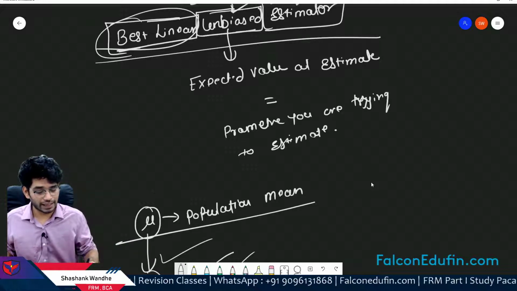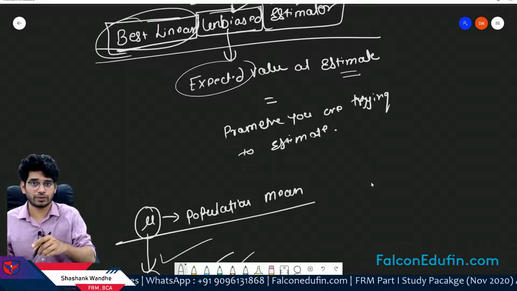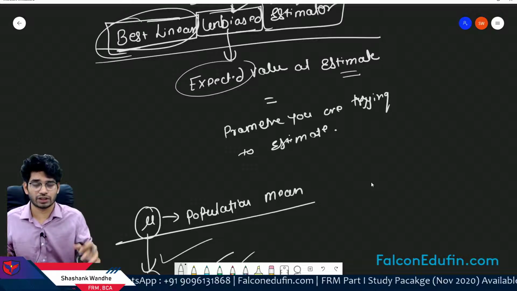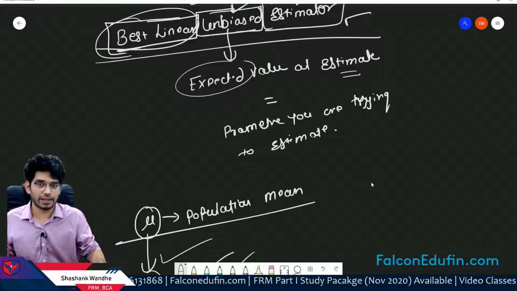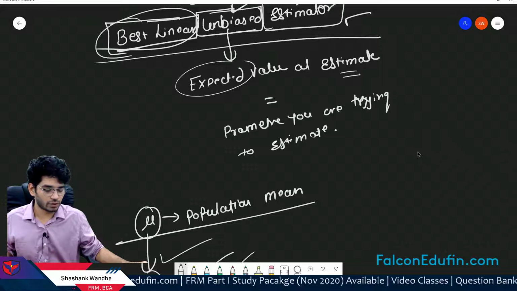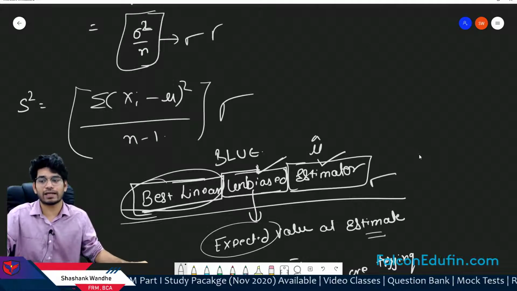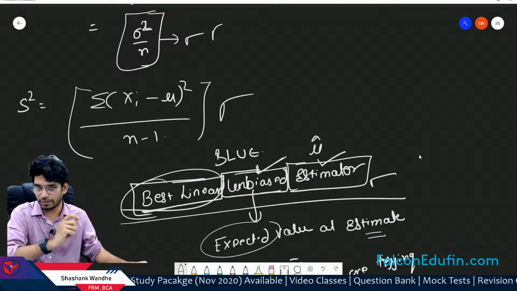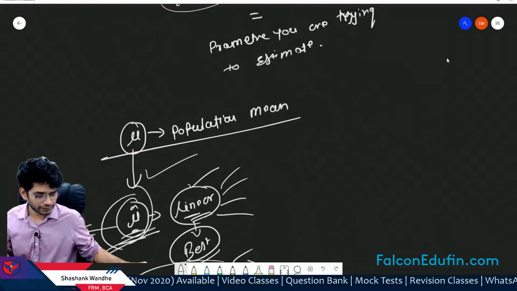So we are saying the expected value of the estimate and not the actual estimated value, not just a sample's average. It is the expected value of the estimate. That's why unbiased, and it is an estimator. And in combined format, this is known as the BLUE. So estimator is BLUE, means estimator is best linear unbiased estimator, like this. Very simple. I hope you got the idea.